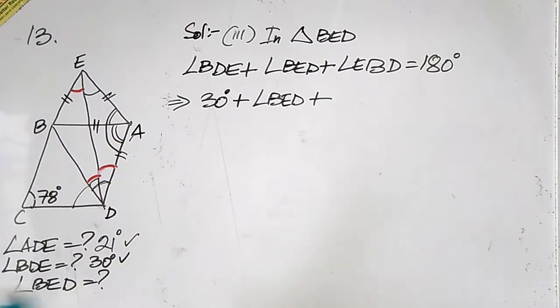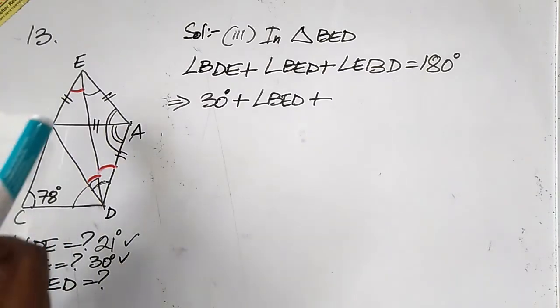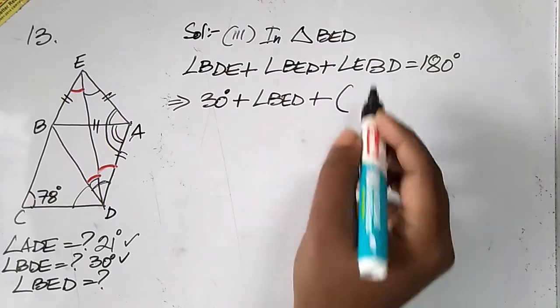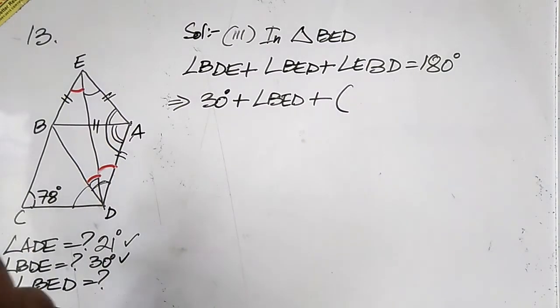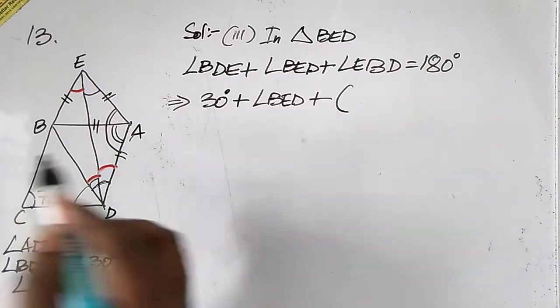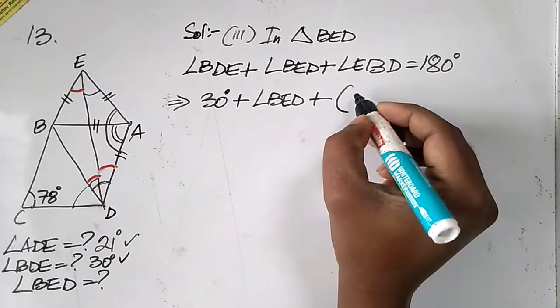Now angle EBD, in that we have two angles, right? Which means angle EBD is the sum of two angles, EBA and DBA. EBA or ABD, DBA, we can write it anyways.